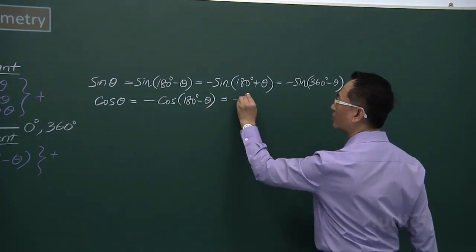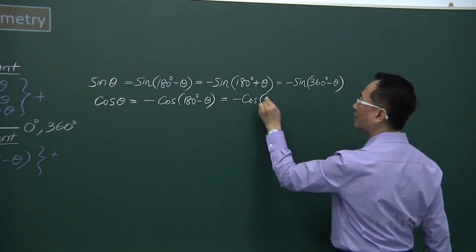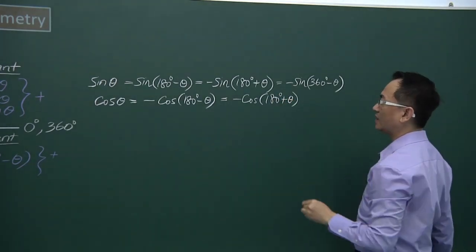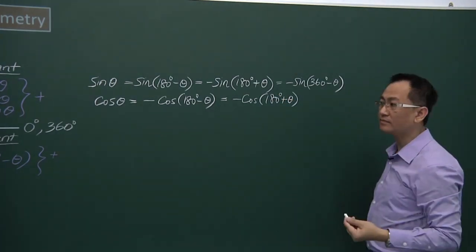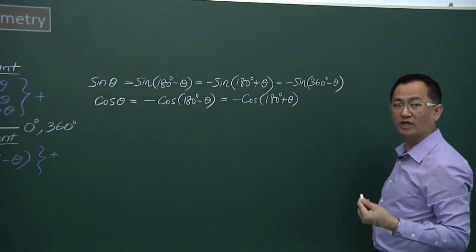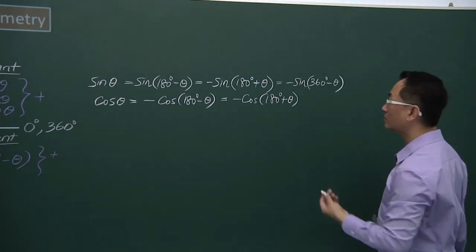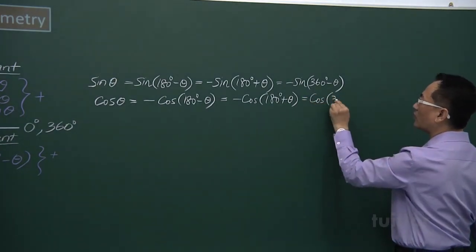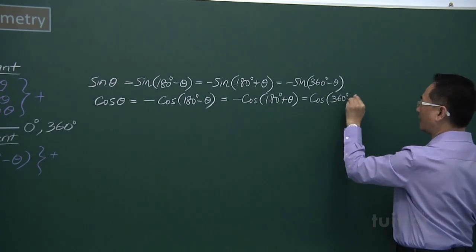So negative cos bracket the third quadrant angle. In the fourth quadrant, cos function will give a positive value. So I will just have cos the fourth quadrant angle.